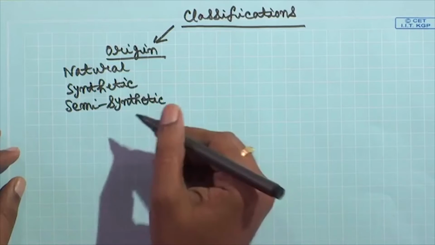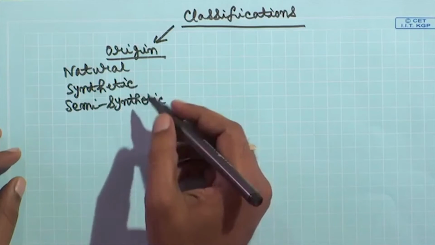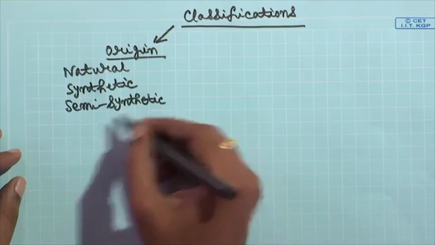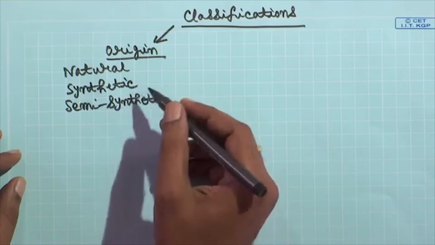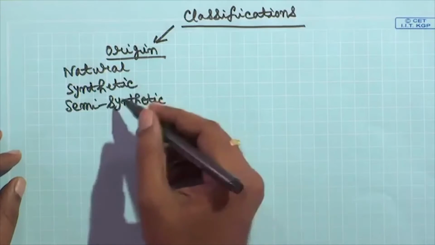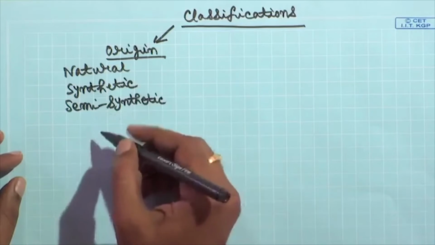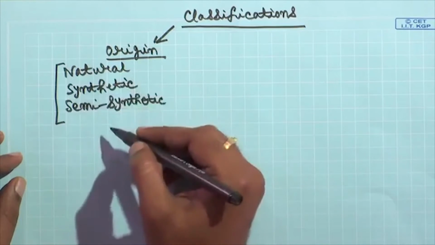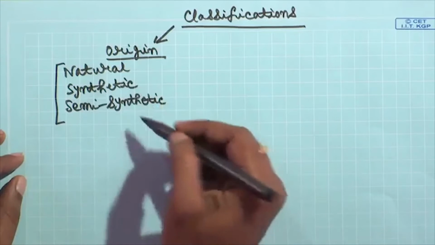Take for example, your cellulose nitrate, about which we discussed a lot in the previous class, and we also talked about the celluloid films that are actually made up of a combination of cellulose nitrate and camphor. Camphor plasticizes the material. So, those things we discussed before. So, on the basis of origin, we could have this kind of classification: natural, synthetic, semi synthetic.